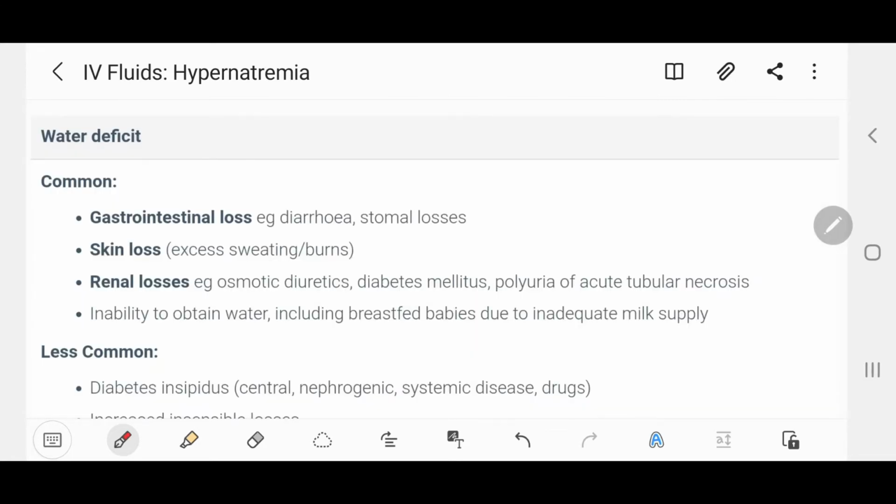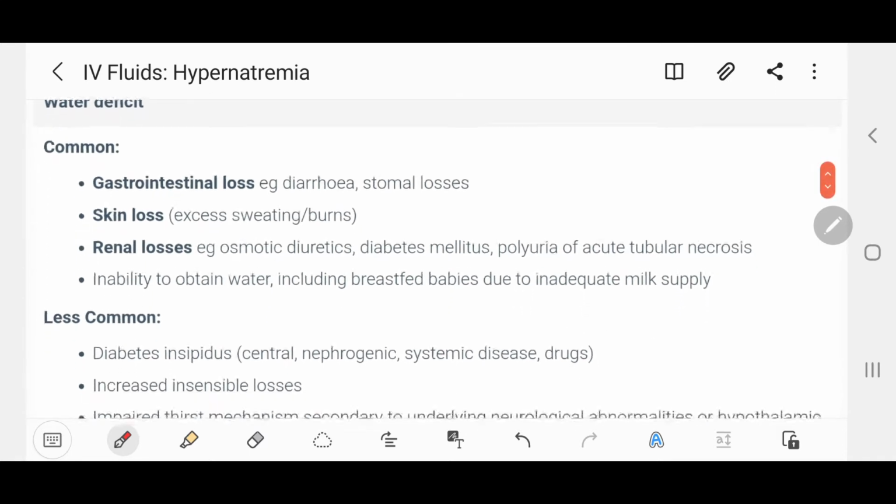Now, as for the causes of hypernatremia, we've got water deficit, most commonly caused by gastrointestinal loss through diarrhea or stomal losses, skin loss, excess sweating and burns, renal losses, osmotic diuretics, diabetes mellitus, polyuria of acute tubular necrosis, and inability to obtain water, including breastfed babies, due to inadequate milk supply.